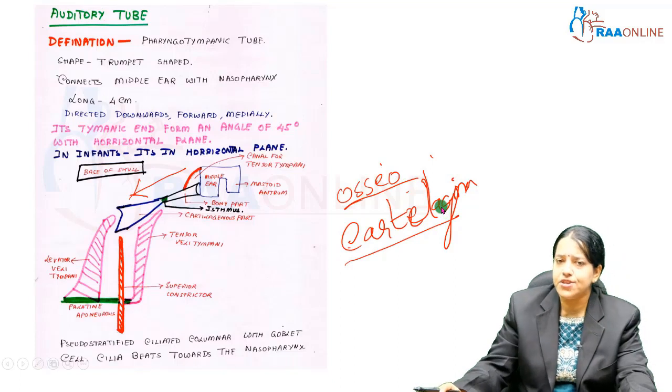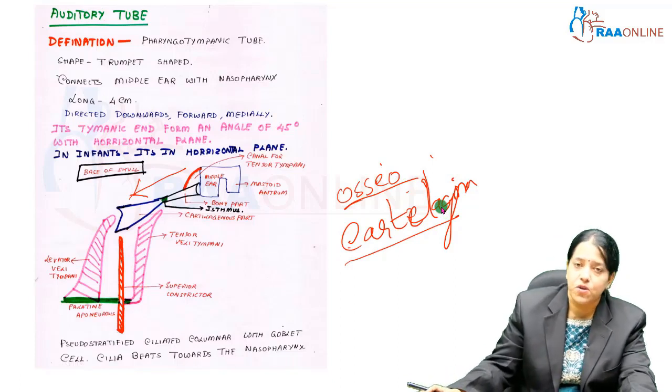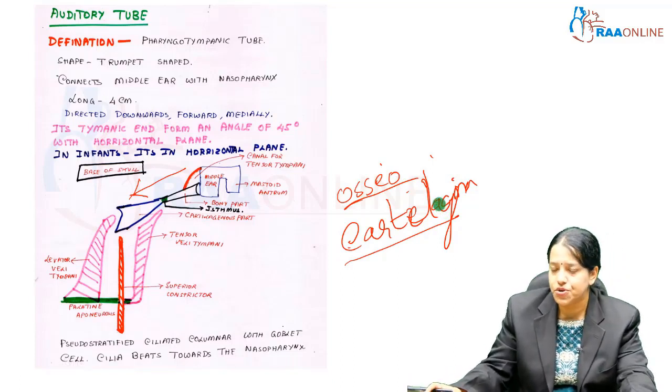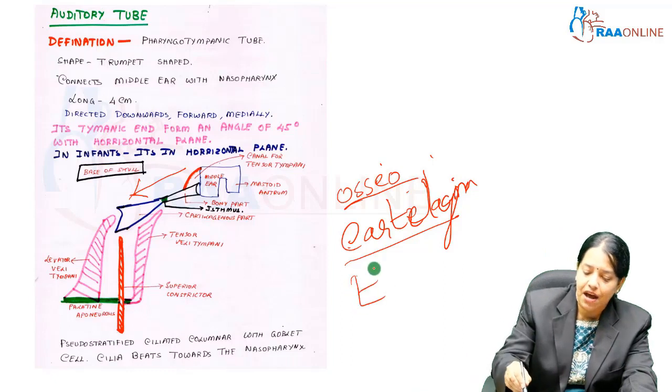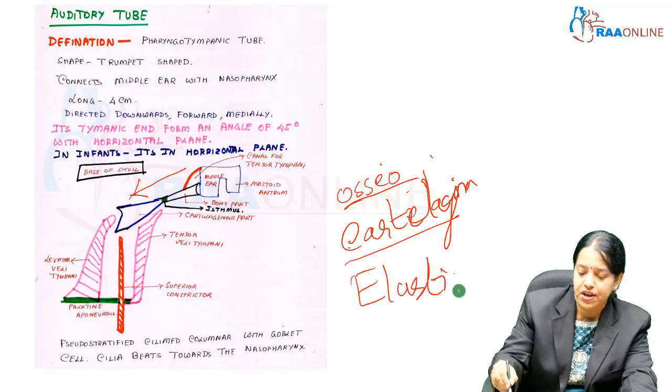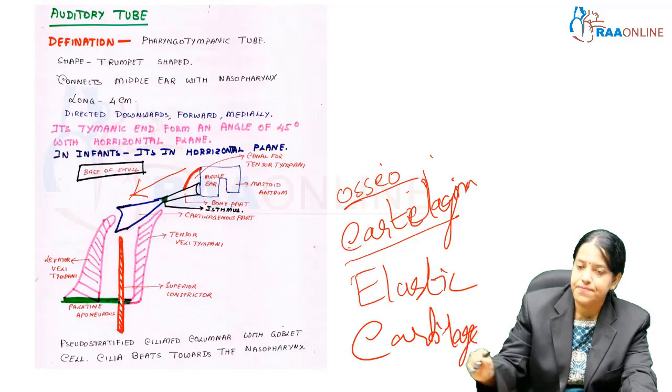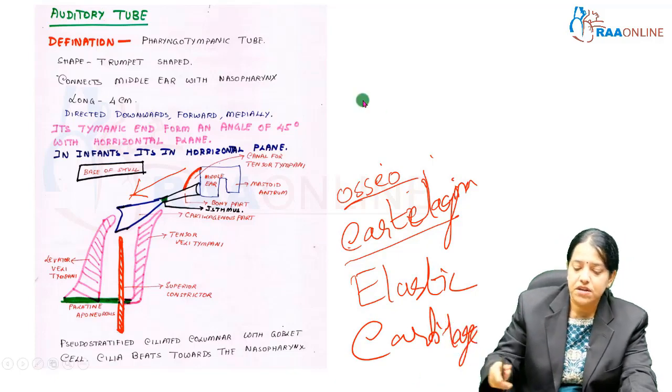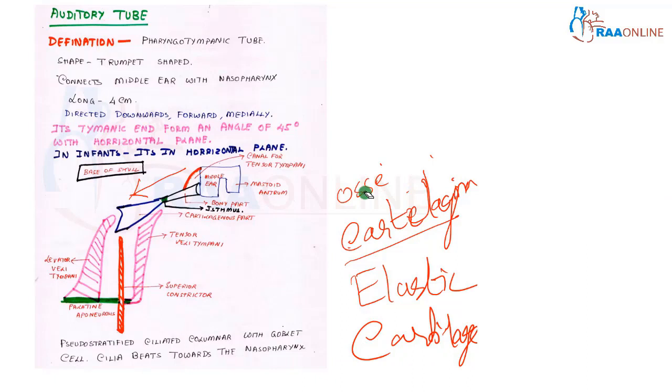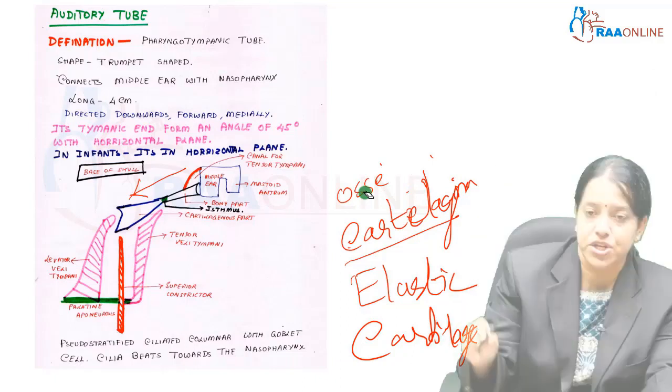What type of cartilage is the eustachian tube or the auditory tube? The cartilage is an elastic fibrocartilage, or elastic cartilage. These are important points that can be asked in MCQs and short answer questions.